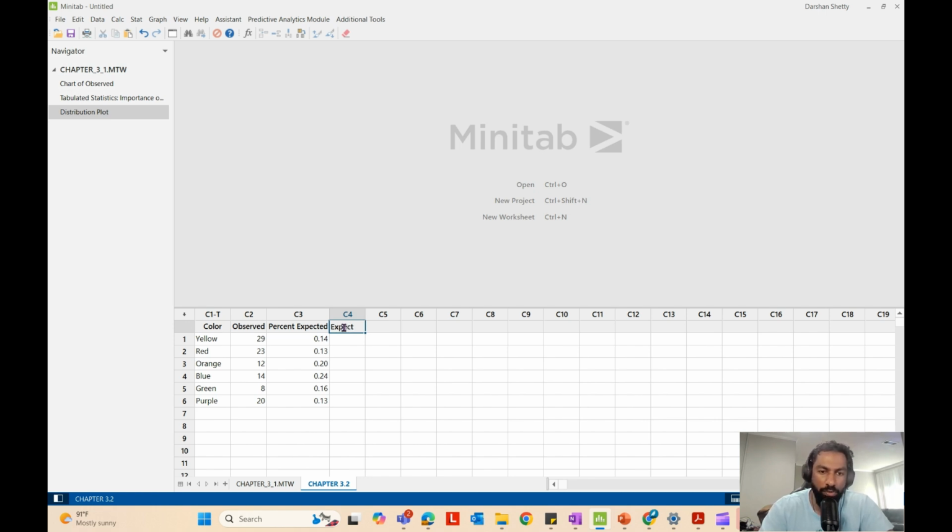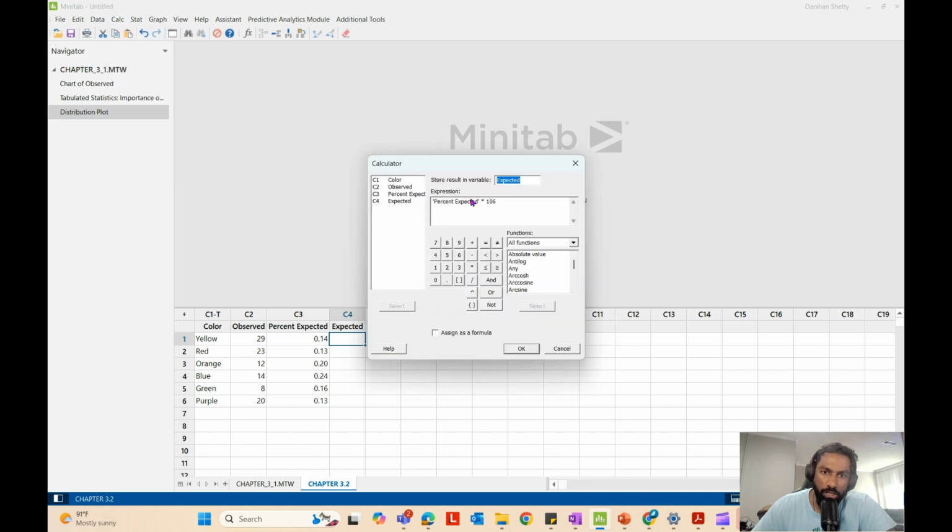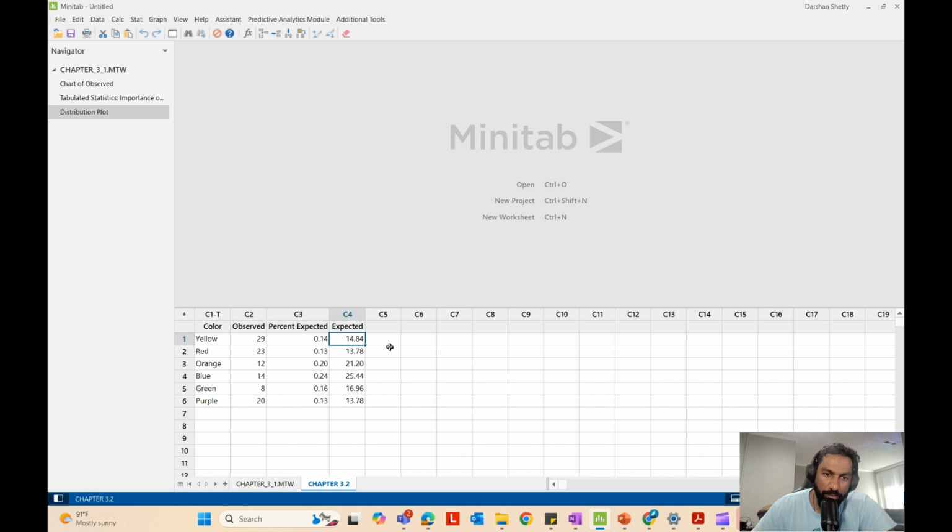The way to do that would be using the calculator. Just go to Calculator and feed in Expected. Expression would be percentage expected times 106 and then hit OK. And that will populate the expected column.